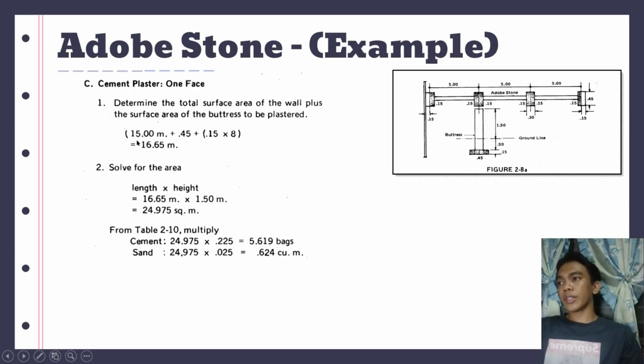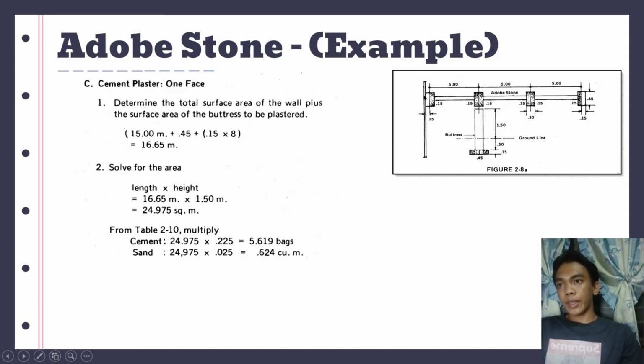Now for cement plaster, we need to determine the total surface area of the wall plus the surface area of the buttress to be plastered, one face only. So we need to add 15 meters for this total, which we will need to plaster.